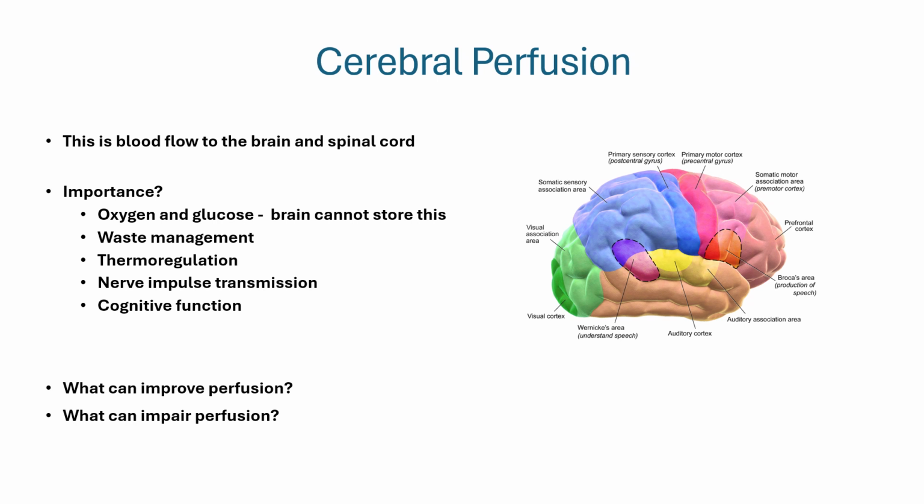And there are many, many things that can impair perfusion if your patient has had a stroke, if your patient has thrown a blood clot or some kind of embolus into the brain, typically from the heart. Say your patient has atrial fib.